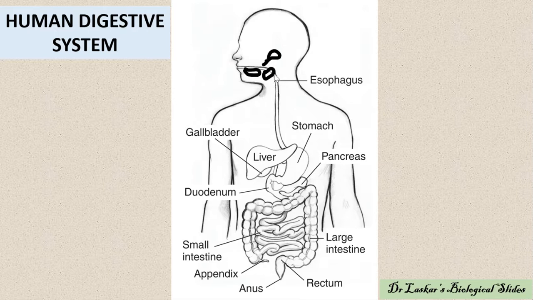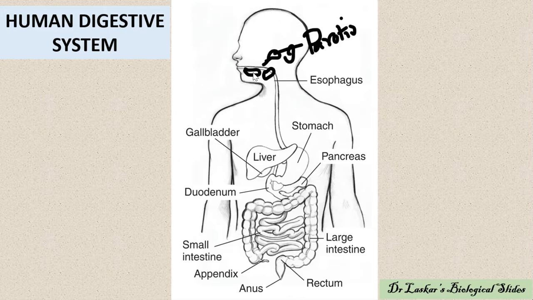The first salivary gland is called the parotid gland. This is the parotid gland. Parotid glands are the largest salivary glands and are situated in front of the ears.